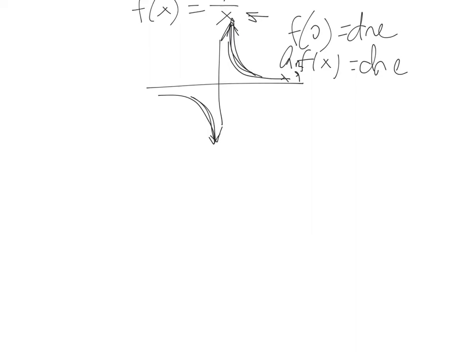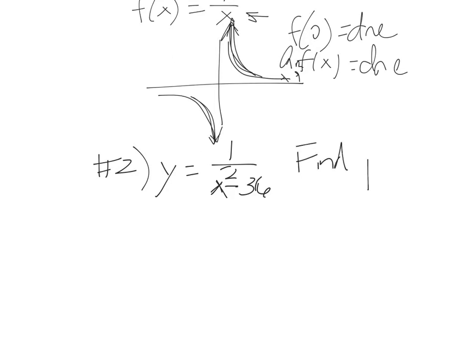All right, so number 2. y equals 1 over x squared minus 36. We are going to find the points of discontinuity and what type they are.